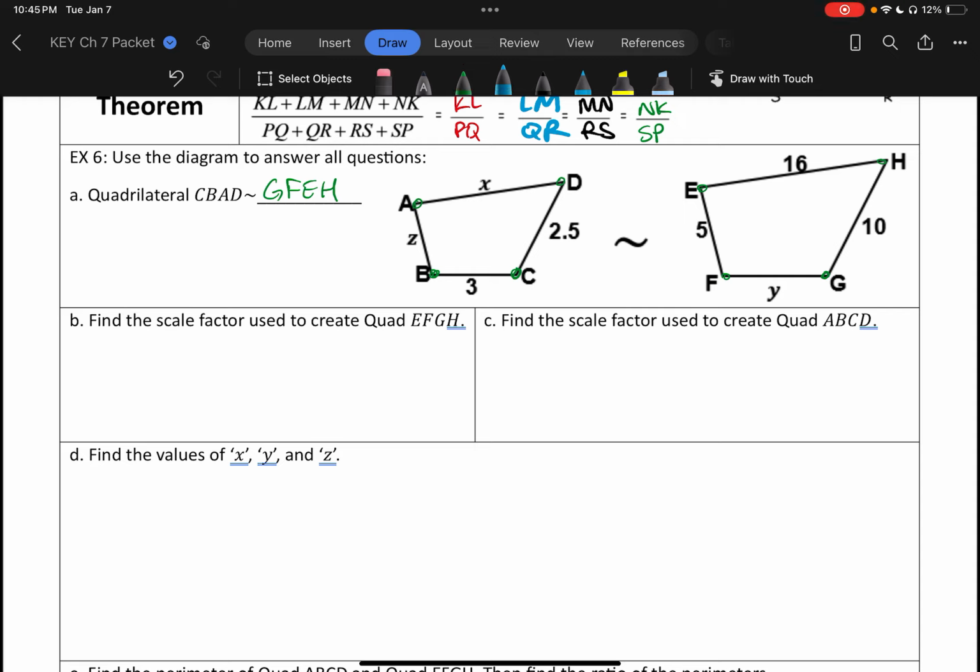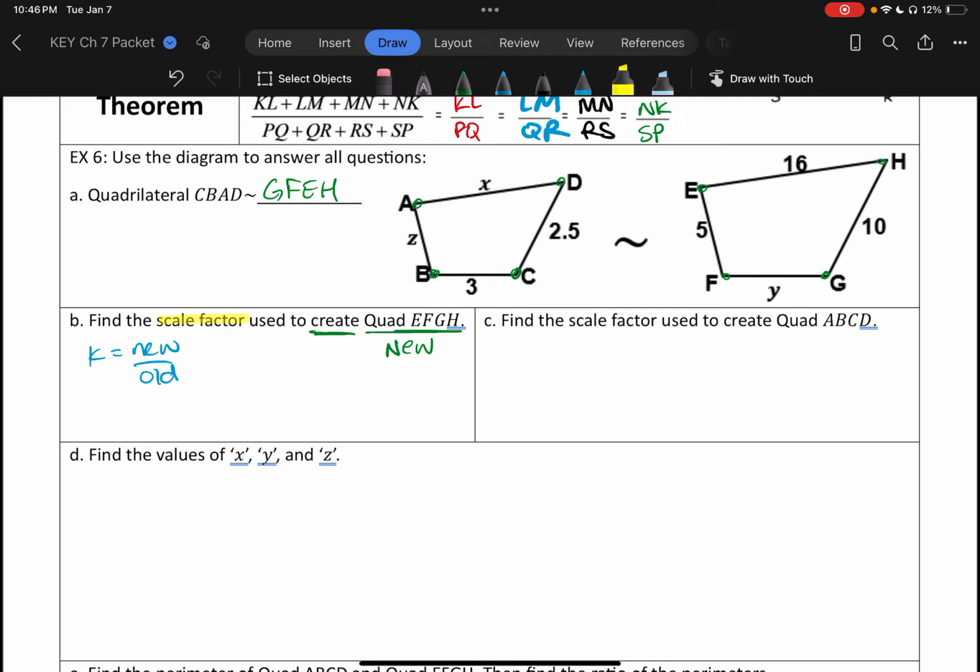It says find the scale factor to create quadrilateral EFGH. This is another way to word these types of questions. Scale factor, remember, is new over old. If we are creating quad EFGH, quad just means quadrilateral, a four-sided shape, then that's going to be the new one. All we have to do is pick two corresponding sides.